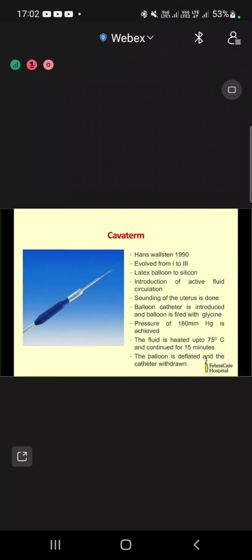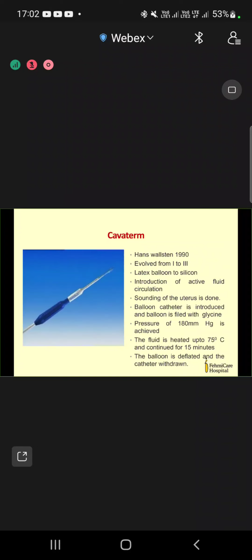The mechanism of Cavatum is that the fluid inside circulates. First, you should pass the sound and you should know the uterocervical canal length. Then the balloon is inserted like how I have shown you earlier. And here the medium you instill is glycine.